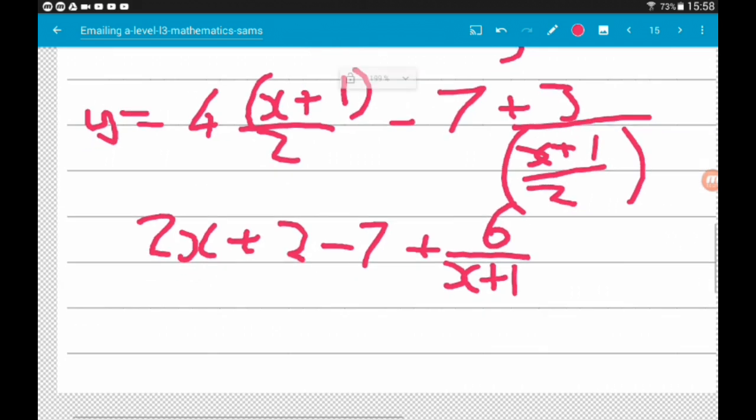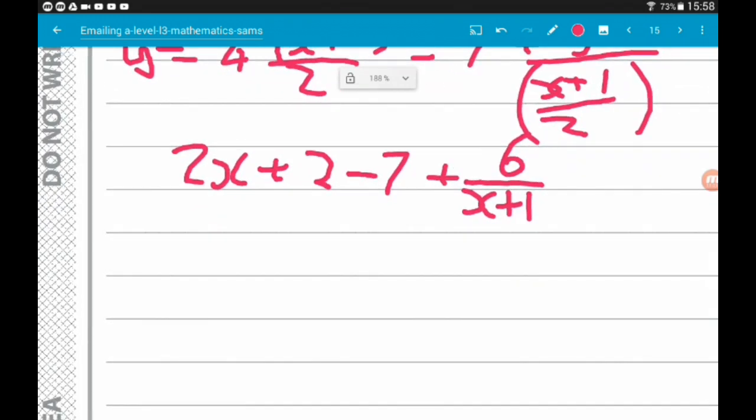Let's sharpen that up a bit. We got 2x, then 2 minus 7 is minus 5. So we've got 2x minus 5 add 6 over x plus 1.